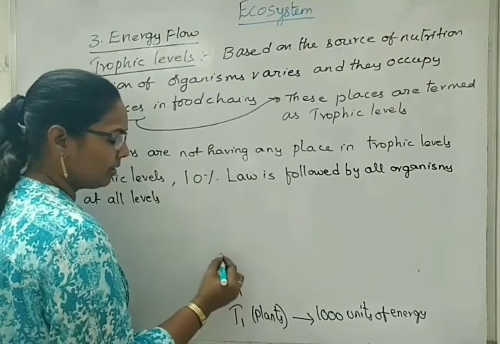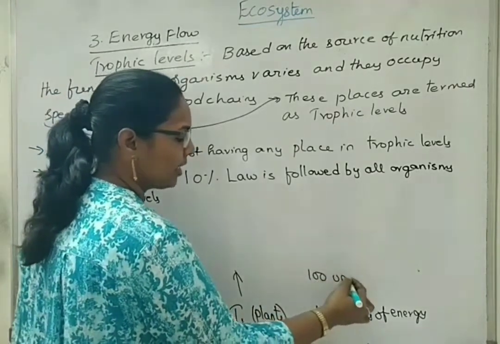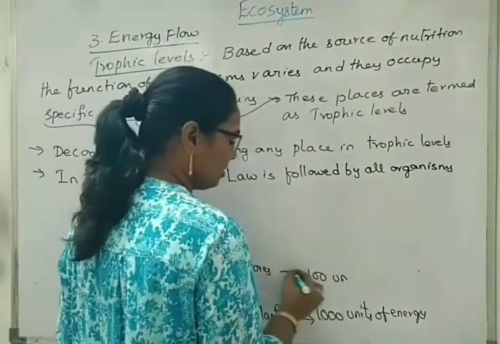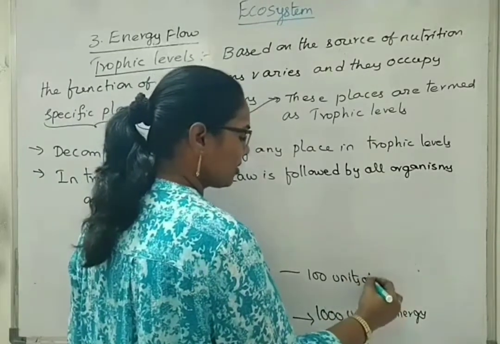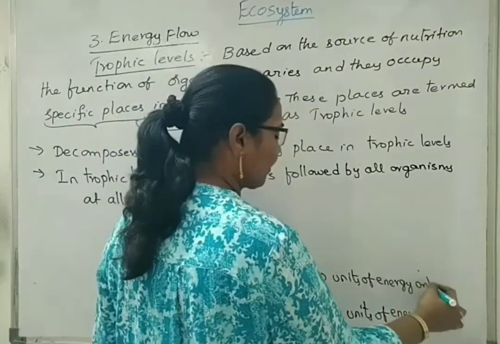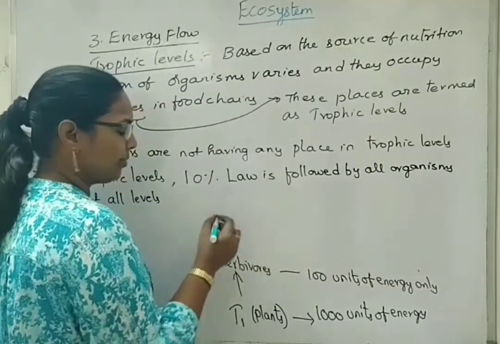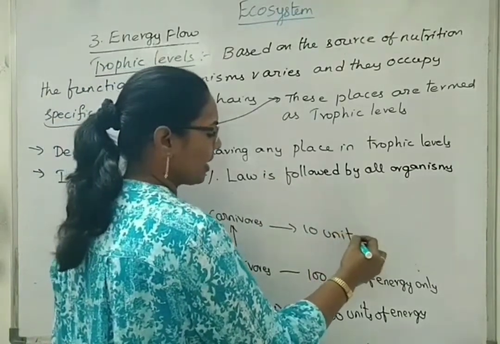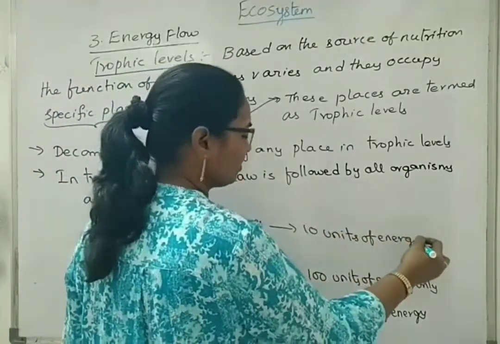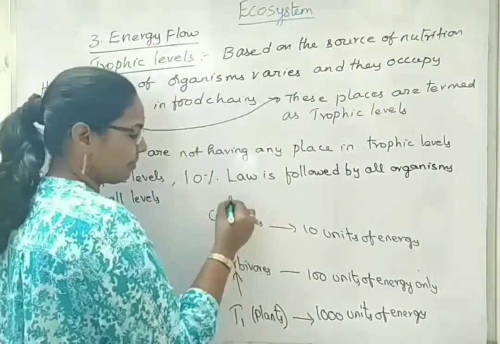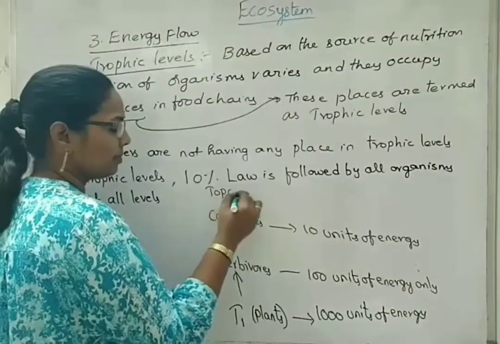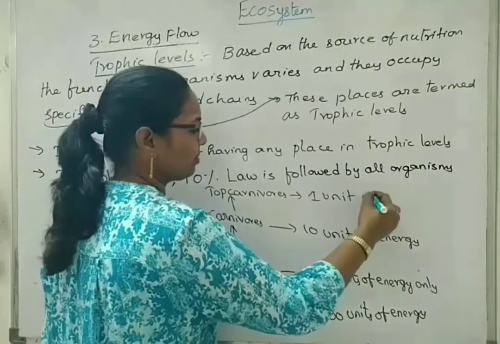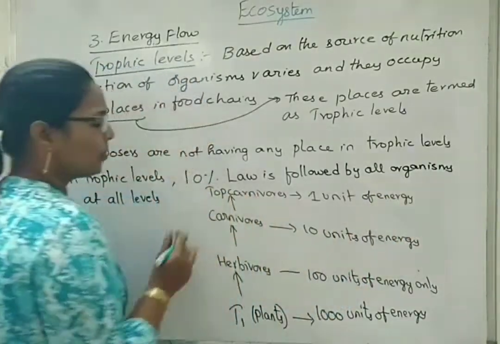From plants, only 100 units of energy is transported to herbivores. So they get 100 units of energy. When carnivores eat these herbivores, then only 10 units of energy is transported. Next, if you take the top carnivores, only 1 unit of energy is transported up to the topmost carnivores.